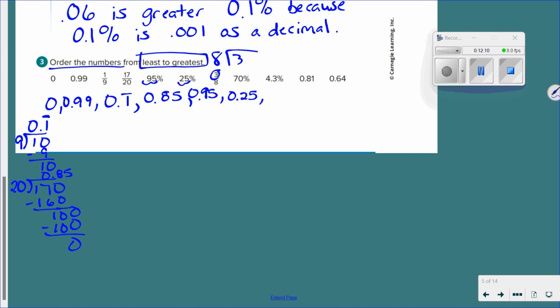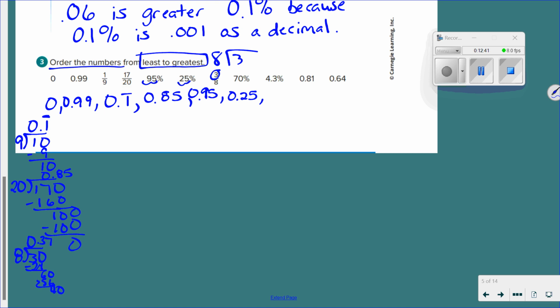Then I have 3/8. How would I find the decimal for 3/8? Divide the numerator by the denominator. So 8, can it go into 3? No. Add a decimal and a 0. Can it go into 30? Yes. How many times? 3, that's 24. Leave 6. Add a 0 into 60. How many times will 8 go into 60? 7, that's 56.